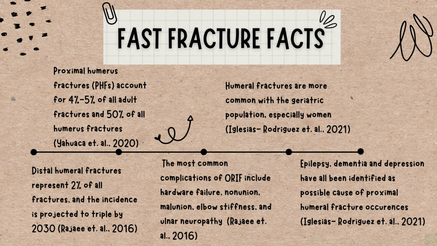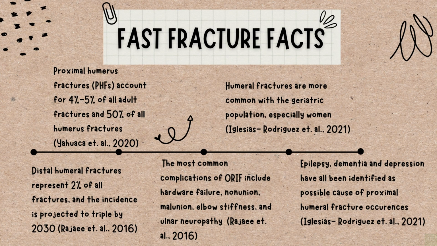So here we have our fast fracture facts. First one is going to be that proximal humeral fractures account for about 4 to 5% of all adult fractures, with 50% of those being humeral fractures in general. Humeral fractures are most common in the geriatric population, especially women. Distal humeral fractures account for about 2% of all fractures, and they expect that to triple by 2030.